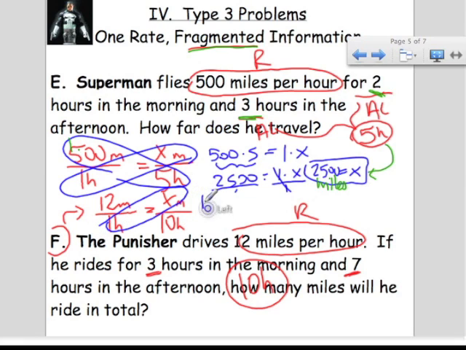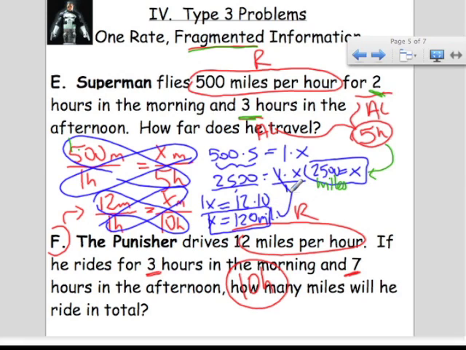So 1x equals 12 times 10, and that meant that x equaled 120, and that should have been your solution. In total, the Punisher is going 120 miles that day. I hope you got that right.